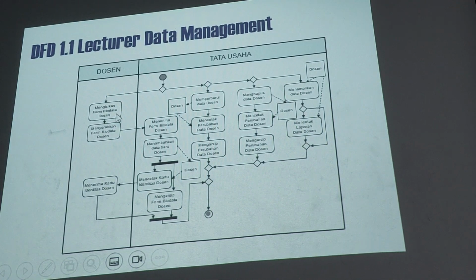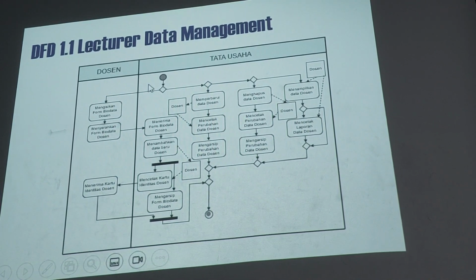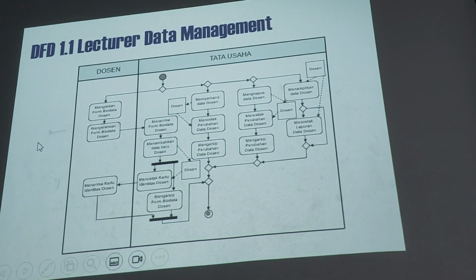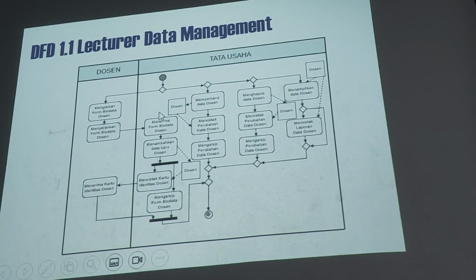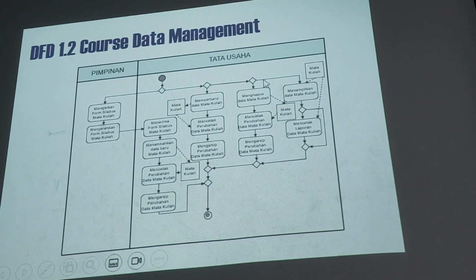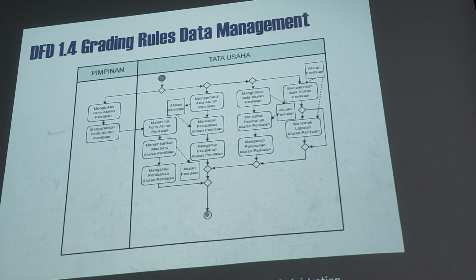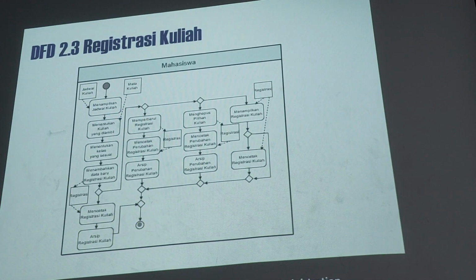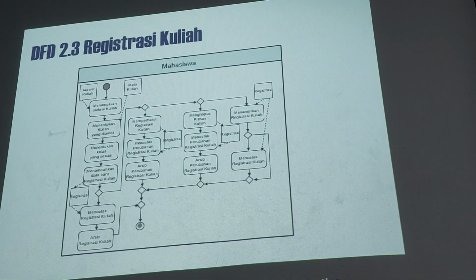This is focused on the activity between the lecturer and the recording or administration. This is the difference between a flow chart, the data flow diagram, and the document flow diagram.